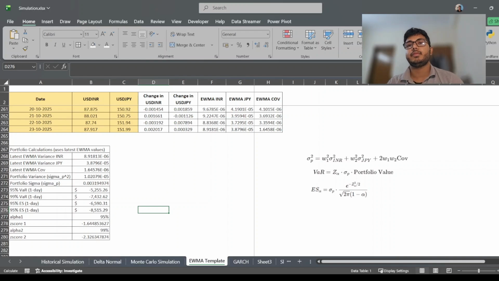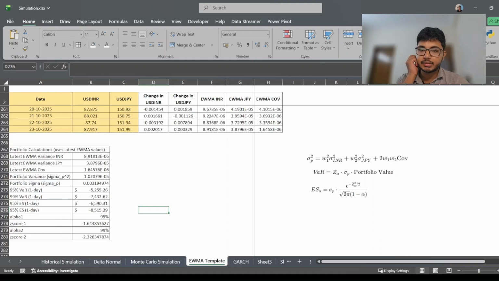So you know why it is better than the simple moving average. Basically, it is reacting faster to the volatility burst. It avoids fixed window size problems, and it is used in risk metrics.